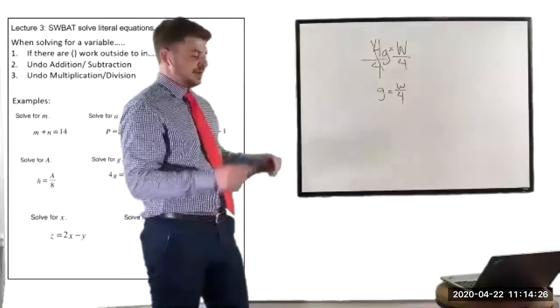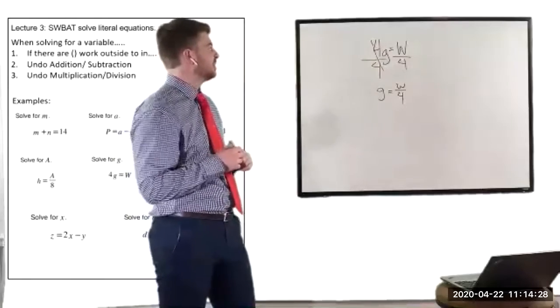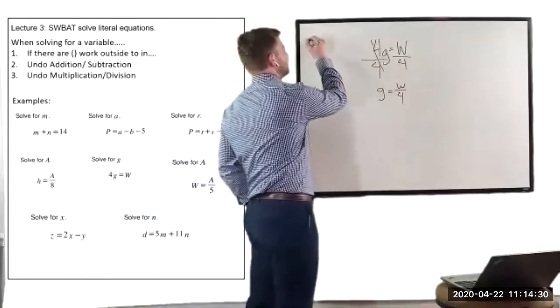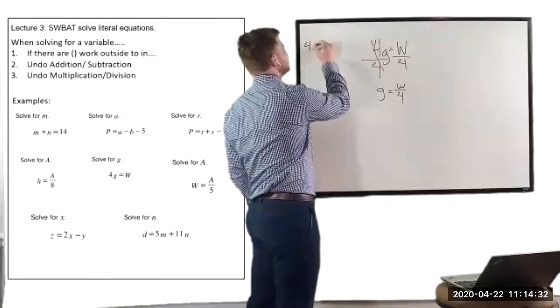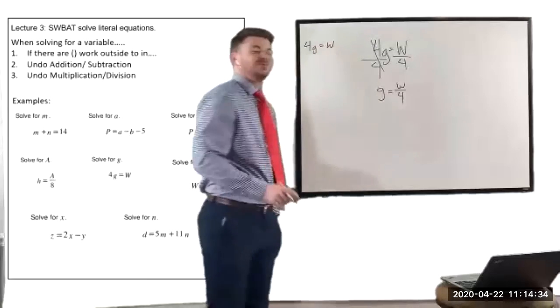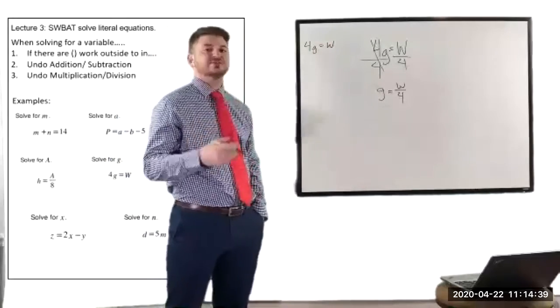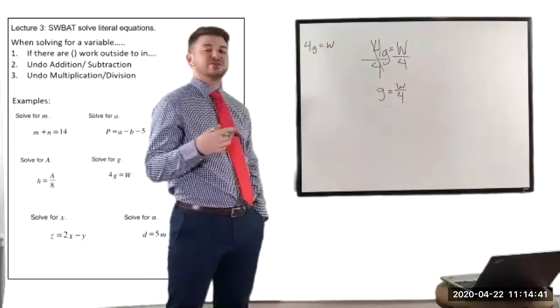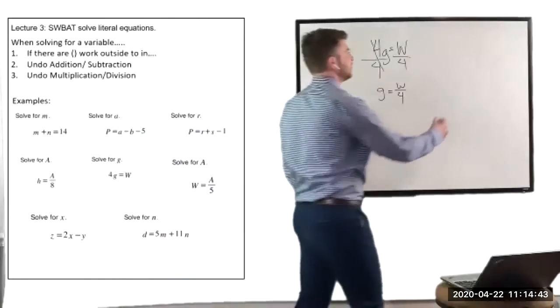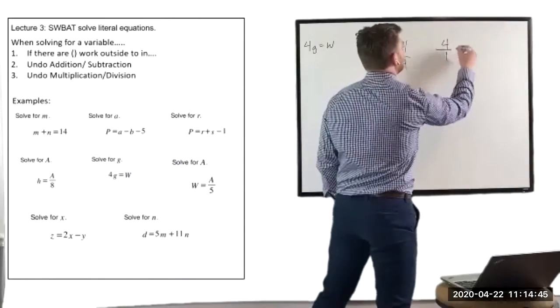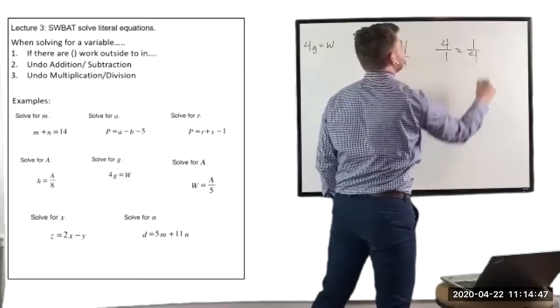Okay. Now, I do want to show you one other way that you could look at this. So if we think of this as 4G equals W, if we didn't want to think of the inverse of multiplication being division, we can always think about multiplying by the reciprocal. So the reciprocal of 4 over 1 is 1 over 4.